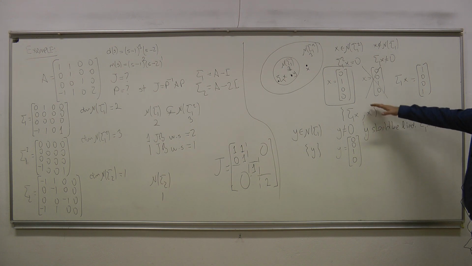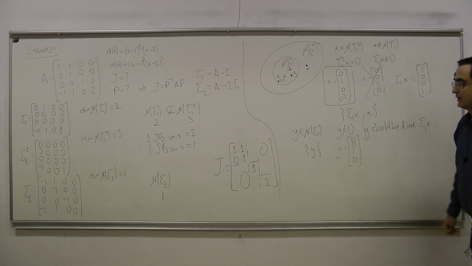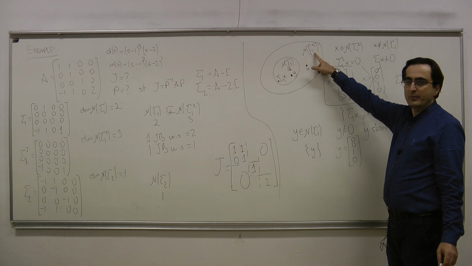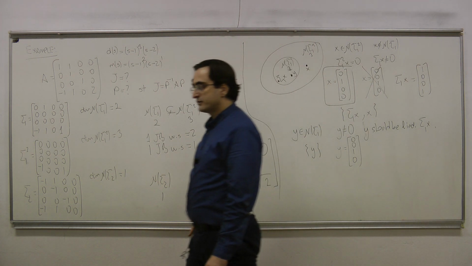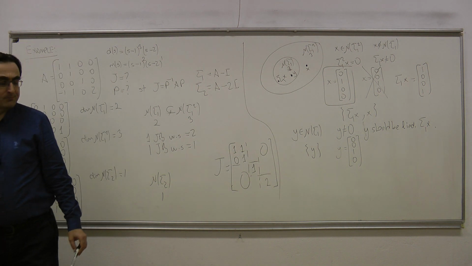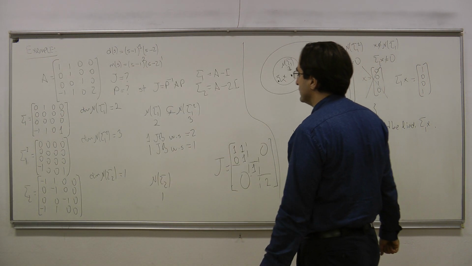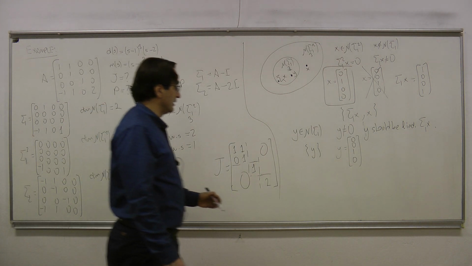So I now have my total number of vectors, 2 plus 1 is 3, and I have reached the dimension of this largest null space. That means that for the first eigenvalue I can stop here. And that means that I am going to go into the second eigenvalue. The second eigenvalue has only a single concentric null space.